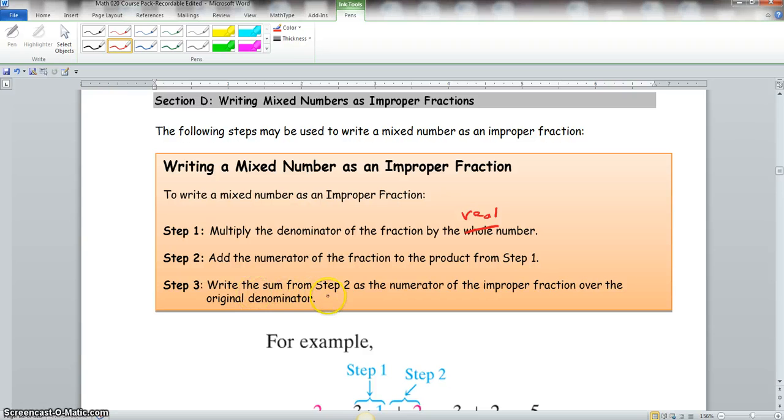Step 3, write the sum from step 2 as the numerator of the improper fraction over the original denominator. Actually, I shouldn't have said real number. I should have said integer, because we would not have any decimals here. So it would be the integer by the integer.